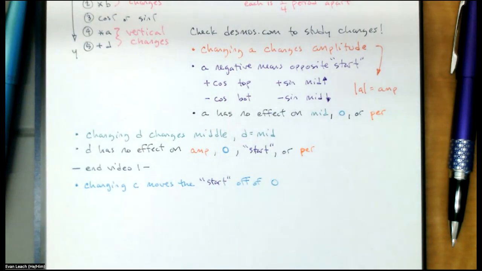It looks like changing the value of C moves that starting point off of 0. Instead of the top of the cosine being at 0, the top of the cosine is somewhere else. We can think of this as shifting the graph side to side.